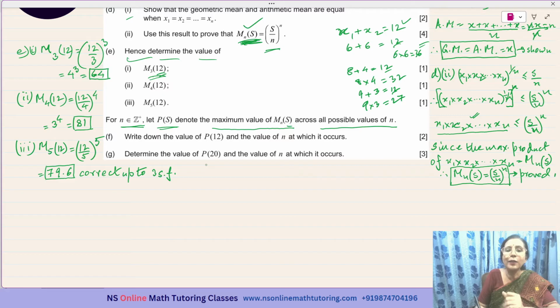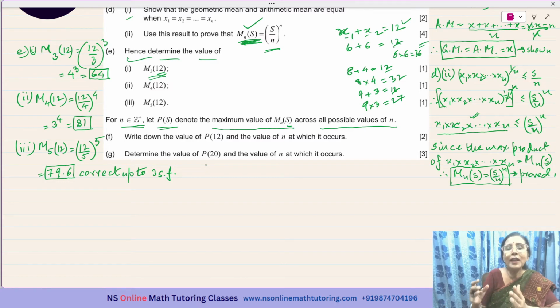We can take the n value as 2. So we have two numbers, x1 and x2, whose sum total is 12. So we can have the numbers as 6 plus 6, 8 plus 4, or 9 plus 3. In fact, I have taken positive integers, but we can have decimal numbers as well.